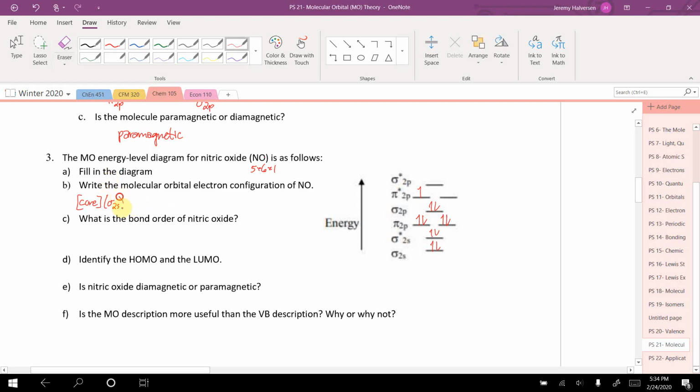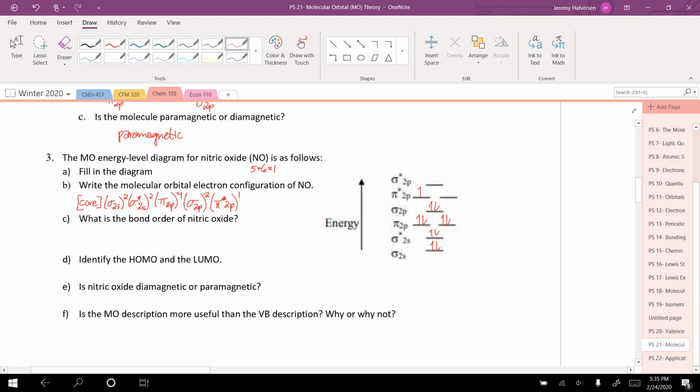Sigma 2s2, sigma star 2s2. Pi 2p has 4 electrons in it. Sigma 2p has 2 electrons in it. And then pi star 2p has 1 electron in it. You don't have to write an orbital that has no electrons in it.